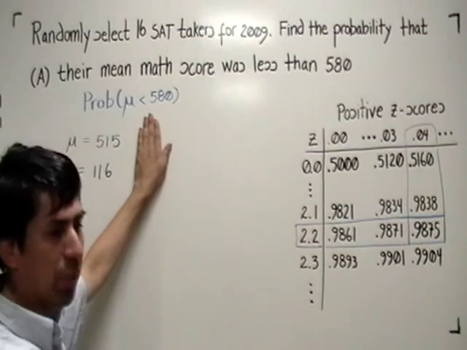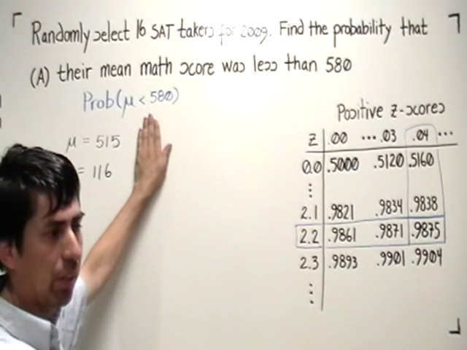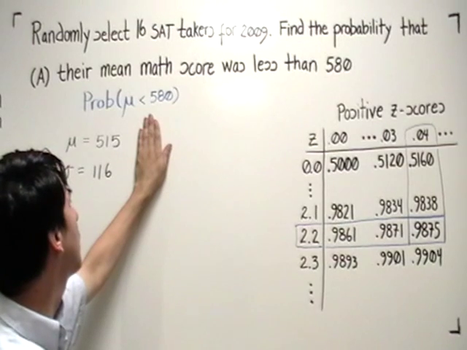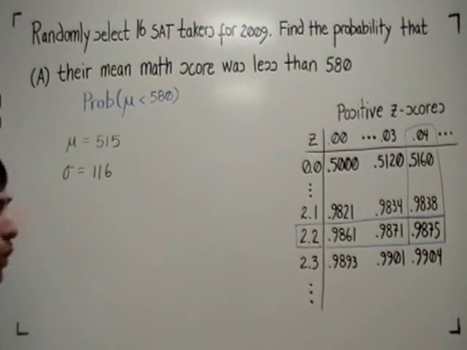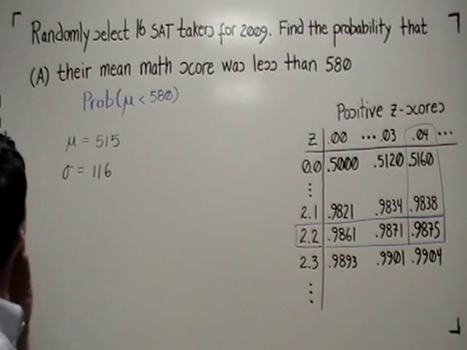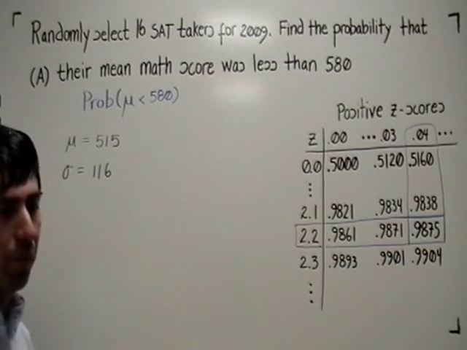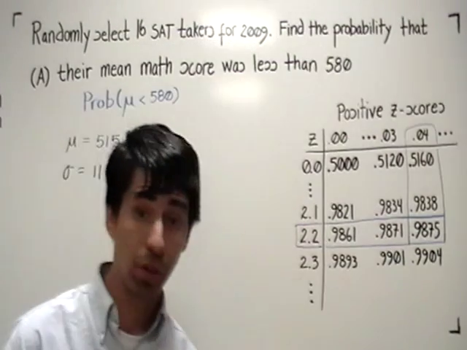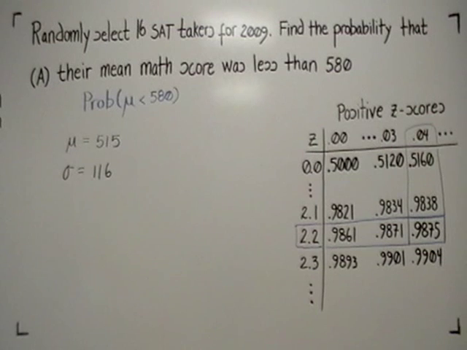In this case, the central limit theorem will have to be applied. We do have conditions to apply the central limit theorem, because in the context of the problem, the original distribution is a normal distribution.